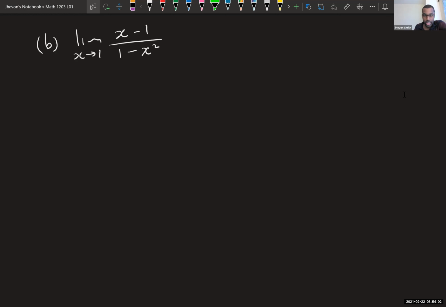So you see a random limit problem, right? So again, I'm writing in blue because this is not something that you'd write on paper, but I do want you to be thinking in this direction. So you see this, the first thing you think in your brain, plug in, right? And then you're going to realize, can't plug in.